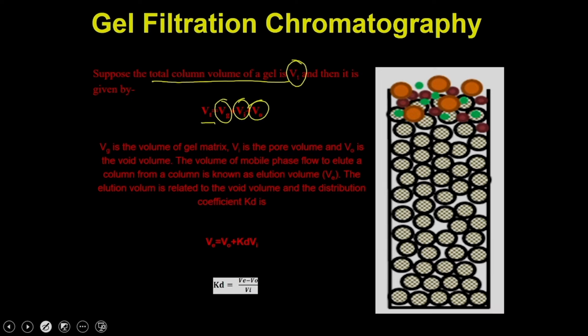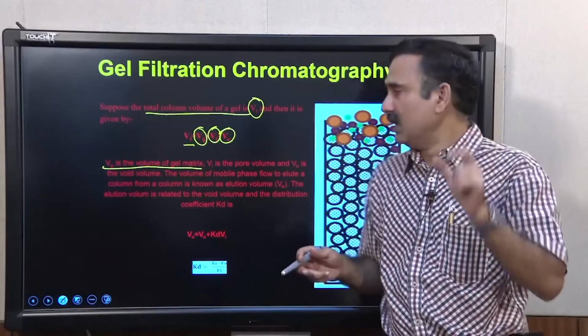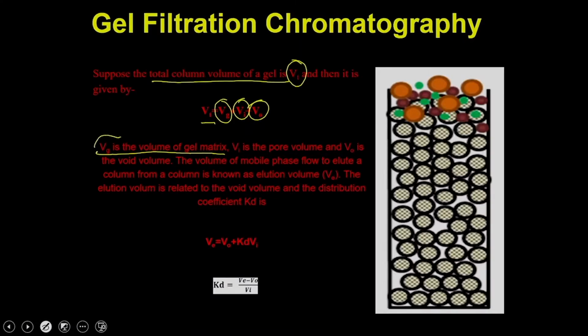Okay. So, what is the Vg? Vg is the volume of the gel matrix, which means suppose you have taken 10 ml of the gel. So, you have the gel, the beads. This is the volume of the beads.